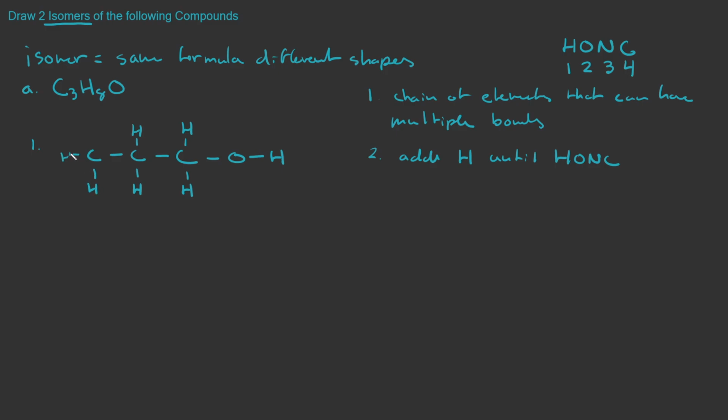And so we added 3 more hydrogens. Let's see if this actually is our molecule. So we count how many carbons and oxygens and hydrogens we have. We have 1, 2, 3 carbons. We have 1, 2, 3, 4, 5, 6, 7, 8 hydrogens and 1 oxygen. And so we have actually created this molecule really straightforwardly.